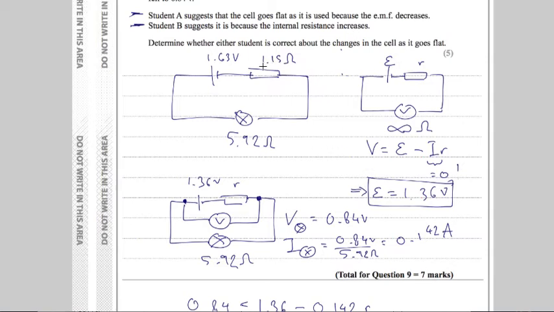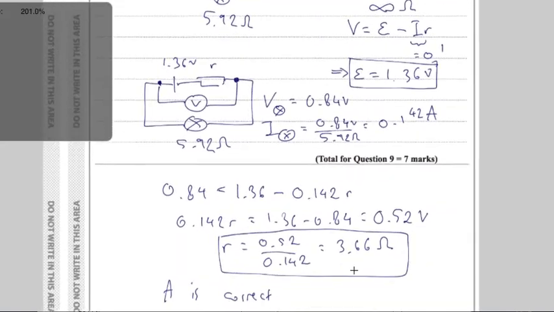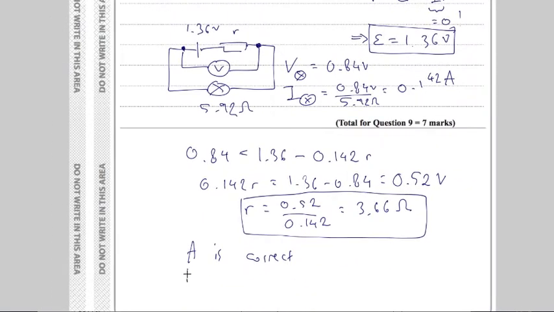Well, if the internal resistance was 1.15 before and now it's gone up to 3.66, that is also true. B is also correct. And that's it, we're done. 2 marks for calculating the EMF, 2 marks for calculating the internal resistance, and 1 mark for some concluding statement.